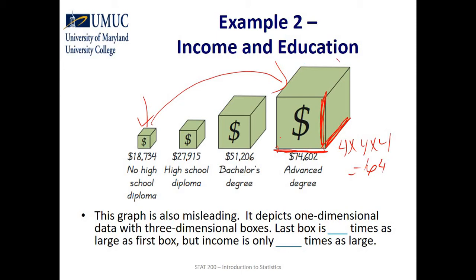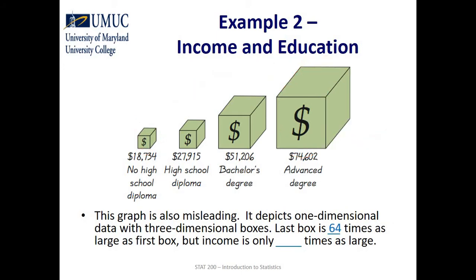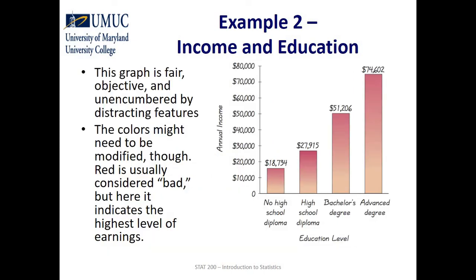So the area within the cube has gone up by 64 times. So the last box is 64 times as large as the first box, but the income is actually only 4 times as large. So that's unintentionally deceiving, or it could be intentionally deceiving, but it's portraying a larger difference than is actually there.